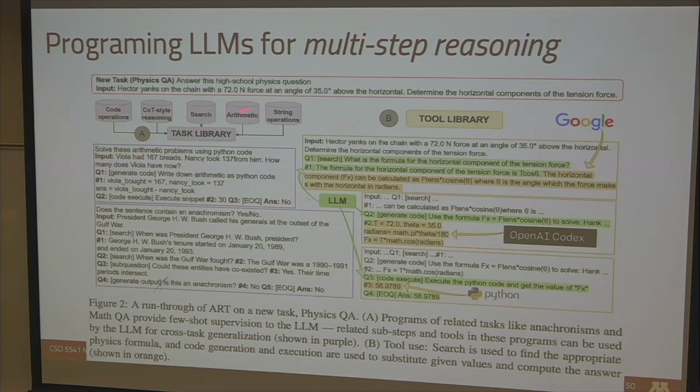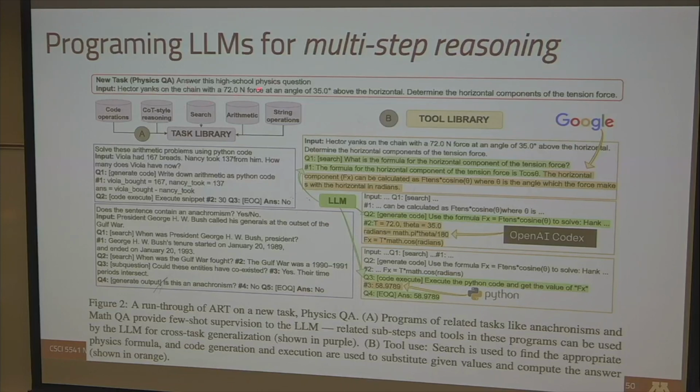So again, it follows the few-shot prompting approach, but this time they have these examples stored in this thing called the task library. So they have a bunch of different tasks: code operations, COT reasoning, search, arithmetic, whatever. And then given this new task and the input, they first search this task library and retrieve the most relevant tasks.